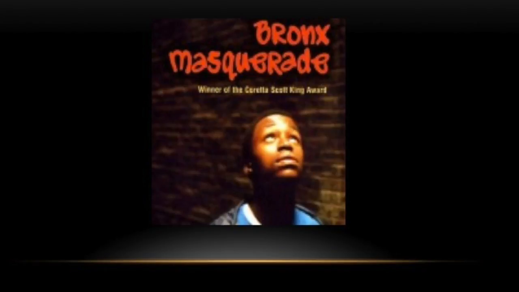So I think this would be an amazing, eye-opening experience for my students, both in looking at verse poetry in general, and then looking at these students in the Bronx in particular. I feel like this story would give us a lot to talk about in terms of verse poetry, but also in making connections to multicultural literature as well.